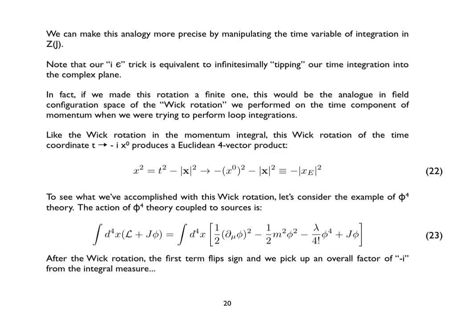And you can make this connection between the two a little more concrete by playing around with the time integration of the generating functional, right? So basically what that i epsilon does is, we're integrating along the time axis, and if we shift it by plus or minus i epsilon, it tilts it into the complex plane, right? And that starts to sound like what we did when we were computing loops, right?